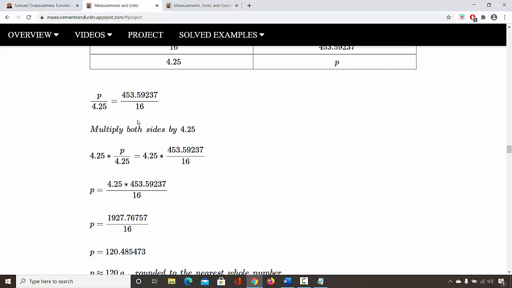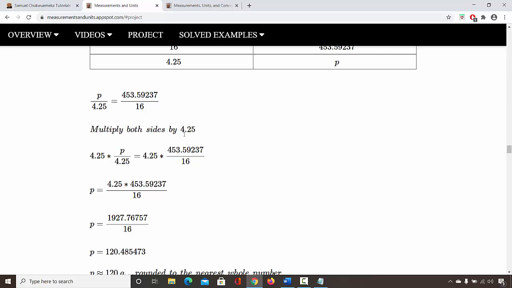Normally, I like to isolate P. I know there are several ways you teach equations, and the main thing is to teach it in whichever method the student understands. Some prefer cross product. Some will prefer multiplying by the multiplicative inverse.